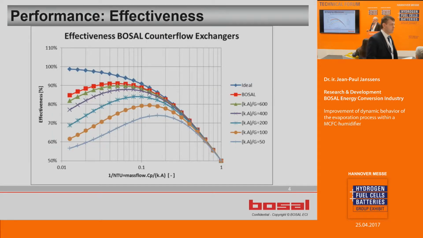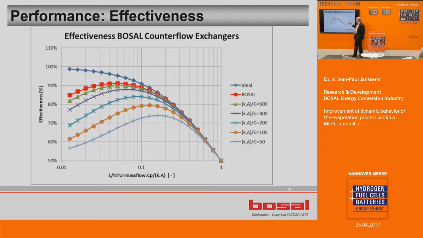Now here you see a graph of what the effectiveness is in case of, for instance, an ideal counterflow heat exchanger. So you reach, in fact, 100% effectiveness in theory if you build a big heat exchanger. In practice, it is not the case. So you see here the mass flow. If you go to higher mass flow, effectiveness goes down.